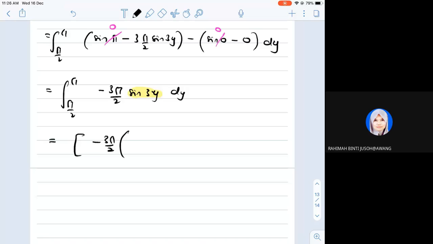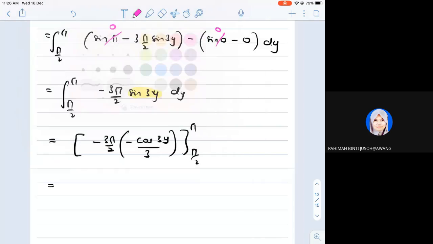Integrate sine dapat apa? Positive or negative? Cos. Negative cos. Negative cos 3y over 3. So substitute pi and then pi over 2. So this can be cancelled, 3 dengan 3 ni. So negative jadi positive lah guys. Alright.